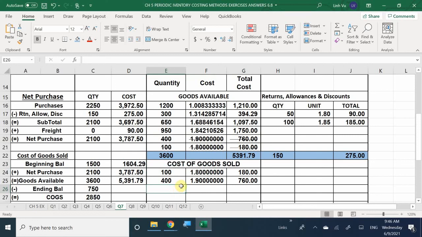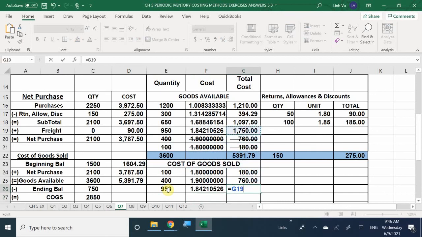So we have only sold 500 items so far. How many more do we need to go? We have a lot left to sell. My next batch I'm going to sell is 950, the whole thing, at $1.8842, which we already know is going to be $1,750.